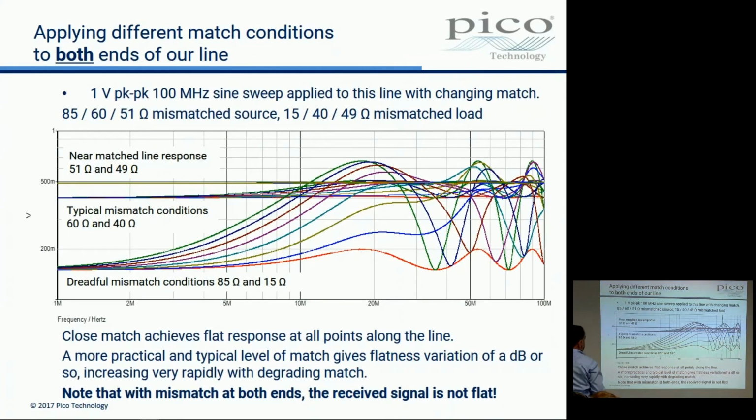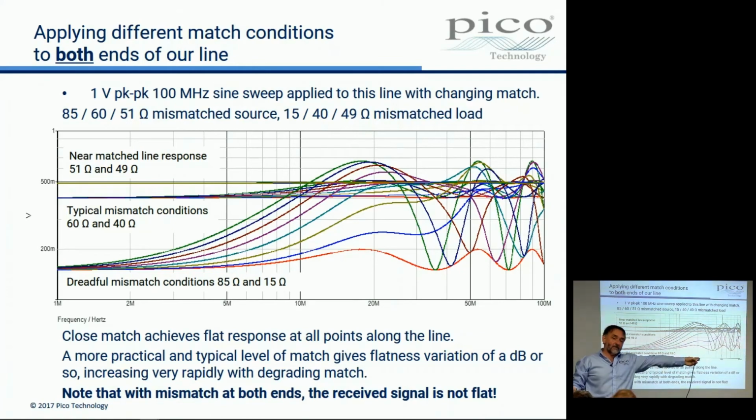Applying different match conditions to both ends, what I've done here is there are 3 different match conditions. This is a bad one, 85 ohms and 15 ohms. You can see that with this bad match condition, this is the flatness in the line at the various points in the line, even at my load. The load response is not flat because of mismatch.